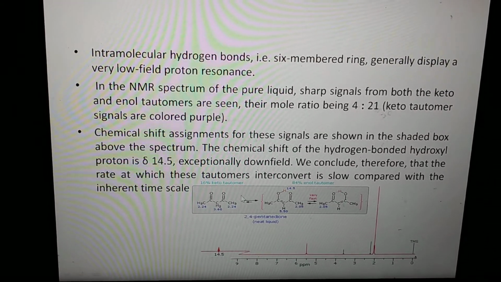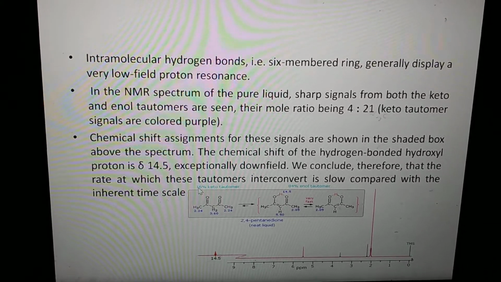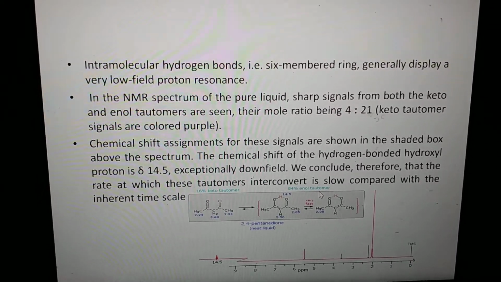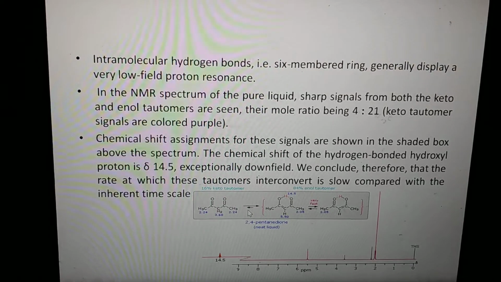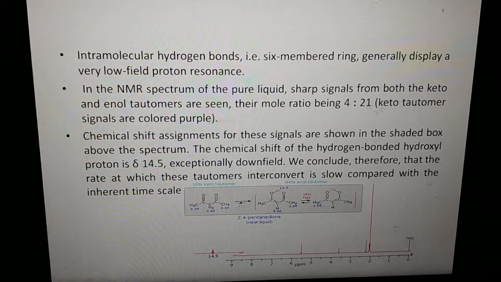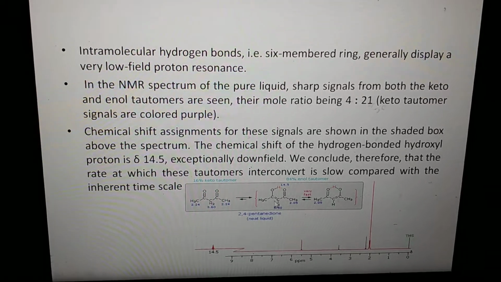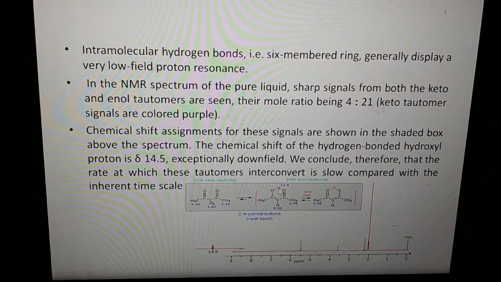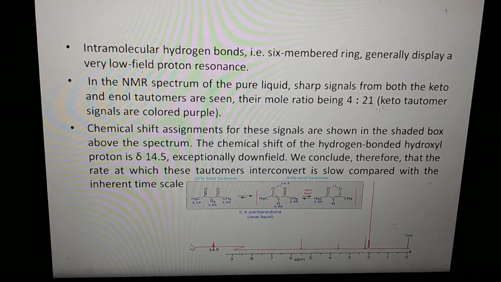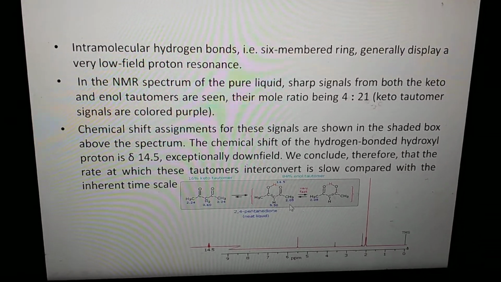When the external magnetic field is applied, the sample exists 16% in keto form and 84% in enol form. That's why it is a very tough determination for this compound. Your spectrum will arise for the alpha beta unsaturated ketone, and since hydrogen bonding is present, the hydrogen will arise at 14.5, which indicates that intramolecular hydrogen bonding is present.